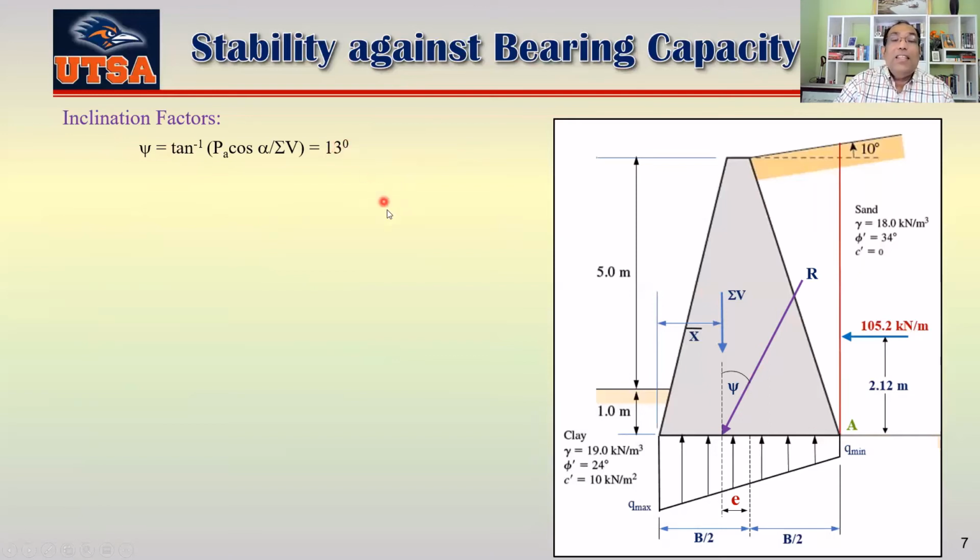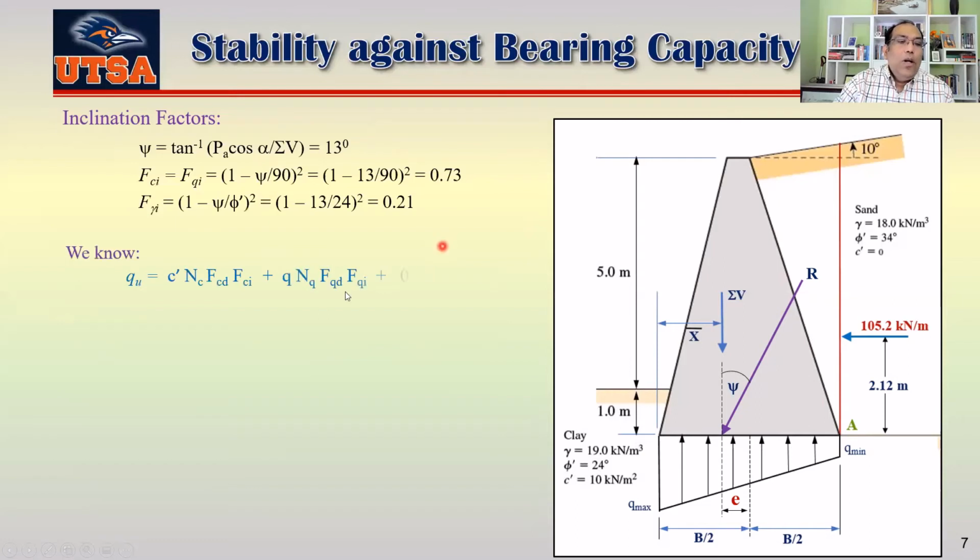Once you get this inclination angle, we use the formula for the inclination factor, and we get FCI and QI equal to 0.73, and F gamma I equal to 0.21. Now we know the ultimate bearing capacity for the foundation is C prime NC, CD, FCI.